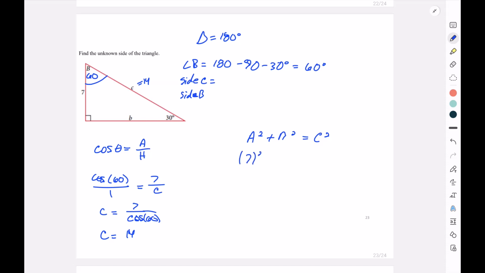So 7 squared plus b squared equaling 14 squared. 7 squared is 49, plus b squared equaling 14 squared is 196. If we subtract 49, we get b squared is equal to 147.